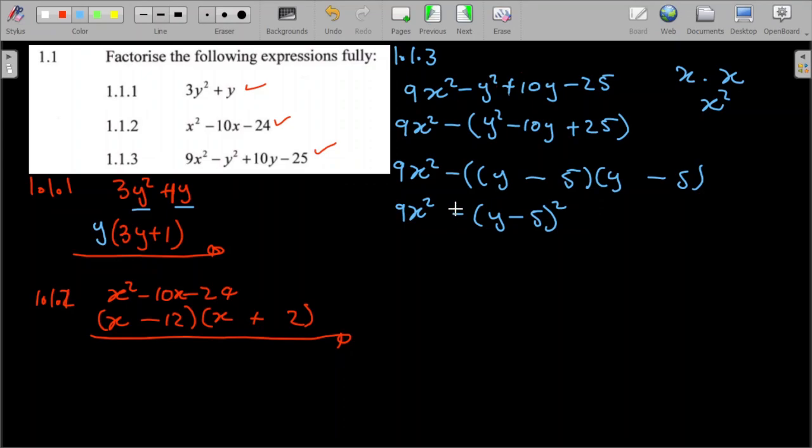Now here, I do have the square root of 9, and the square root of x squared is x. And then for this thing here, I have the square root of y minus 5 squared, because this is exactly the same as x squared, so you can separate it into two as I did here.